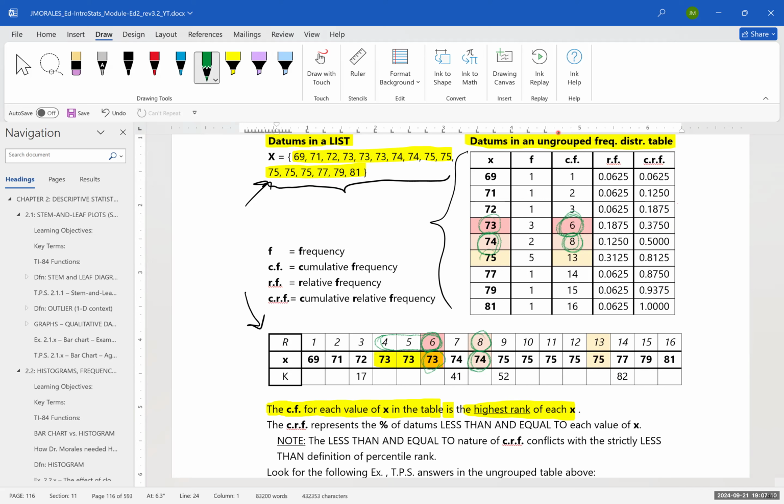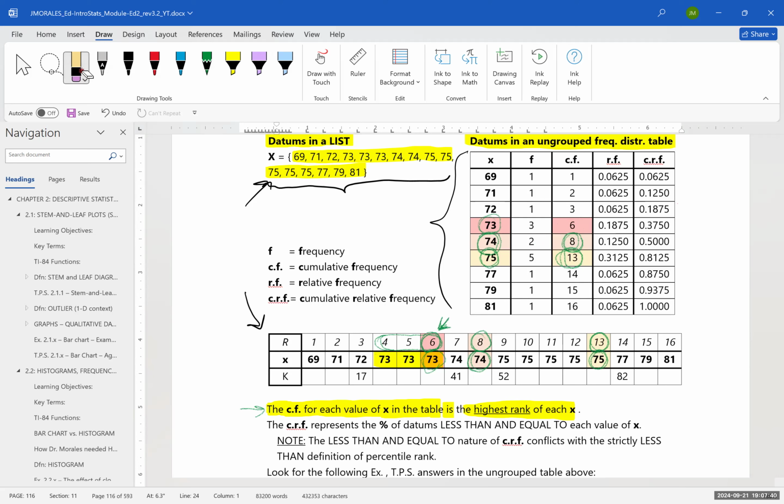And if we look at 75, the cumulative frequency of 75 is 13, and 13 is the highest rank of our 75s. So what I'm trying to do here is draw a correlation between the highest rank of a value of x in our data set and its cumulative frequency in this table.